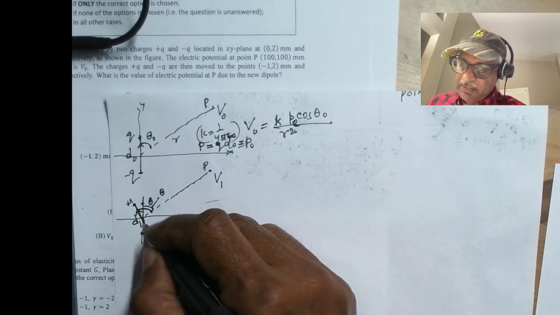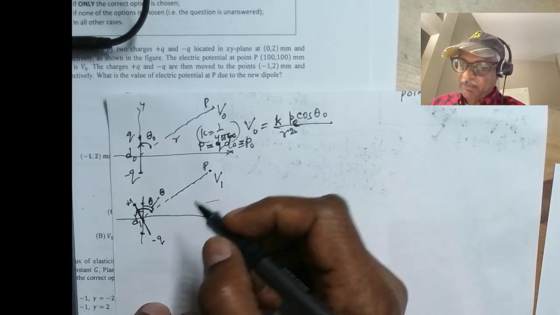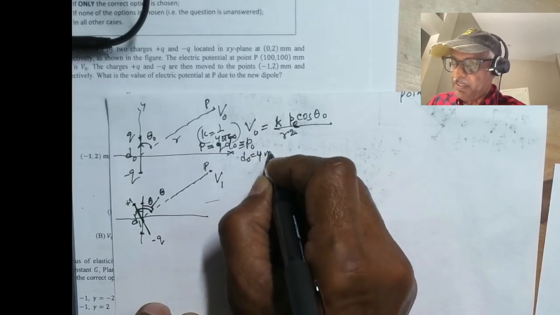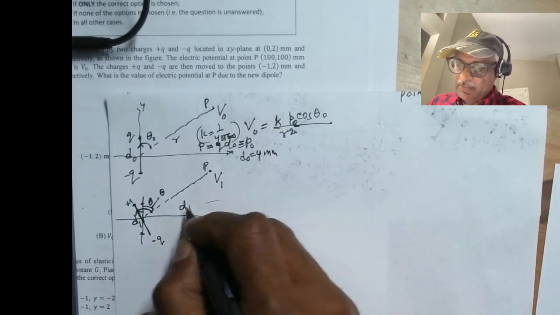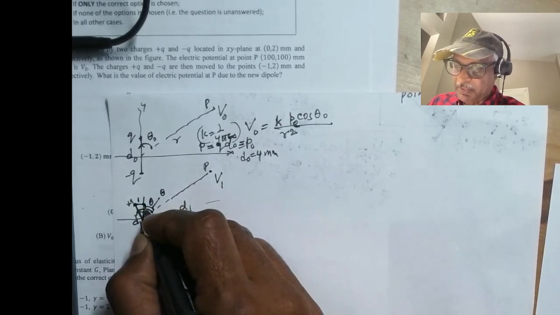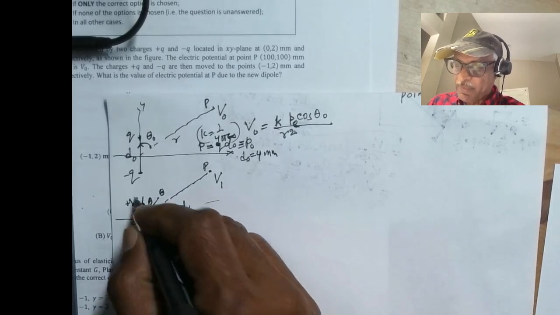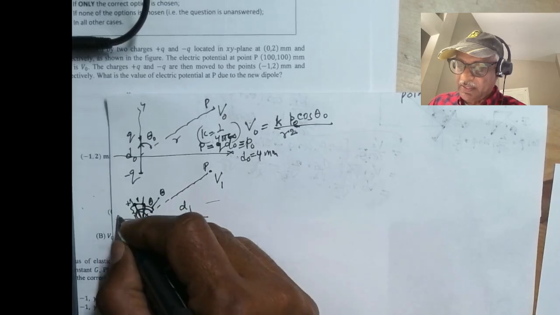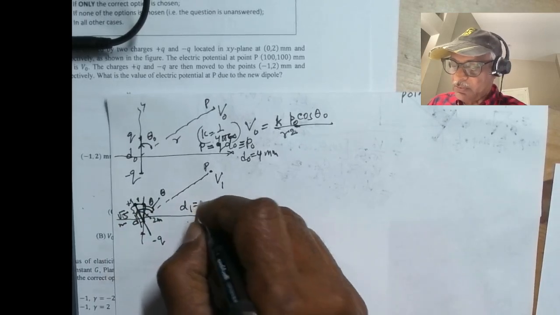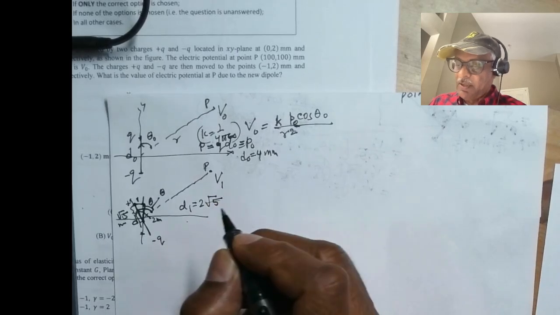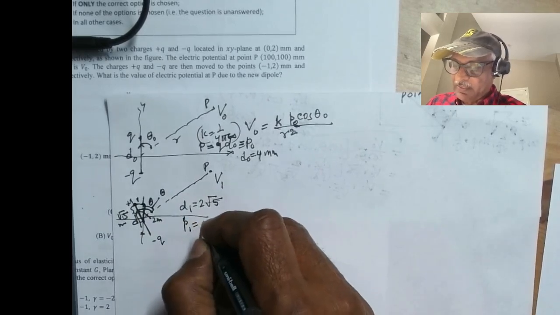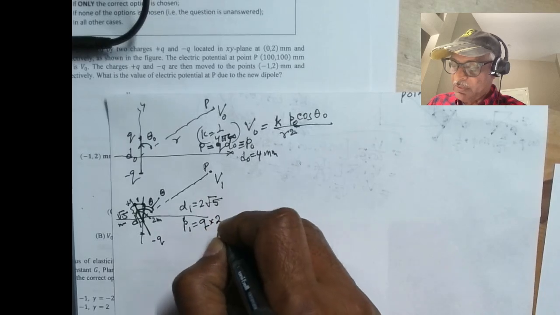Over here, this distance d1, d0 is 4 millimeter here. For D1, this from here is 1 millimeter and this from here is 2 millimeters. So this distance is square root of 5 millimeter. So D1 is 2 square root of 5, and so the P1 dipole moment is Q times 2 square root of 5.